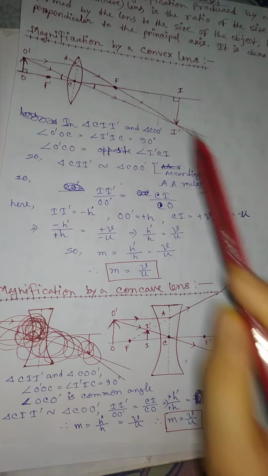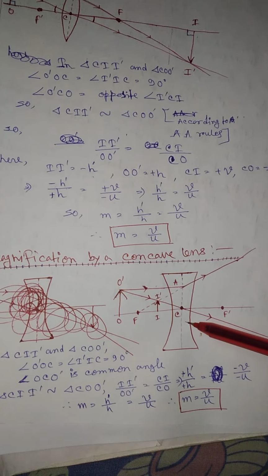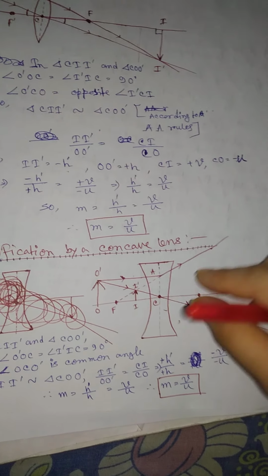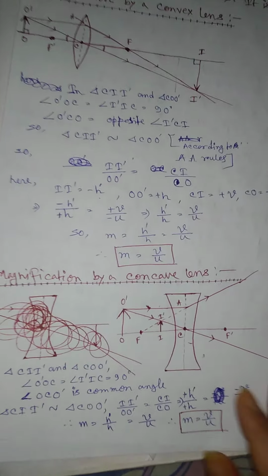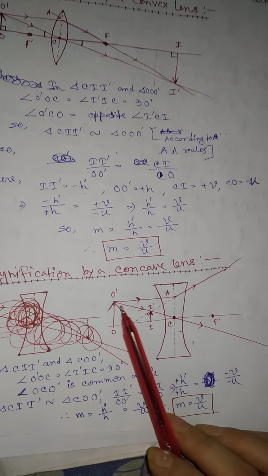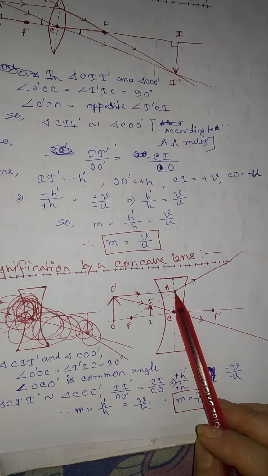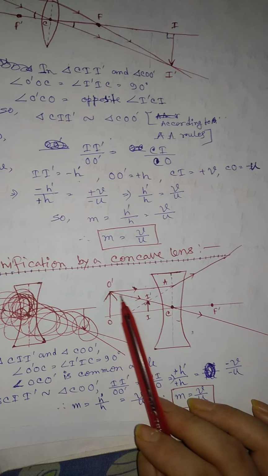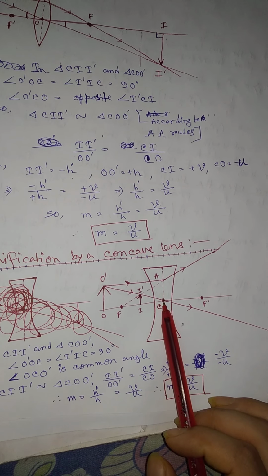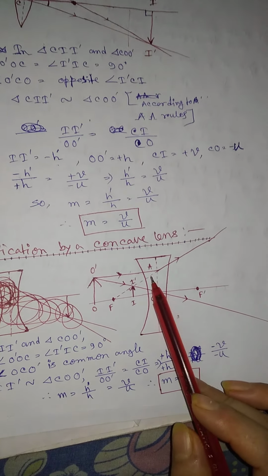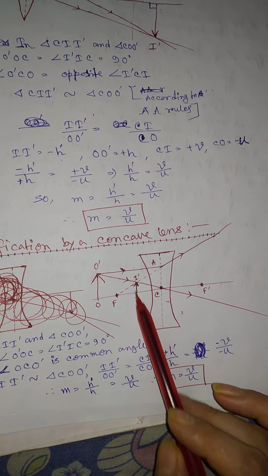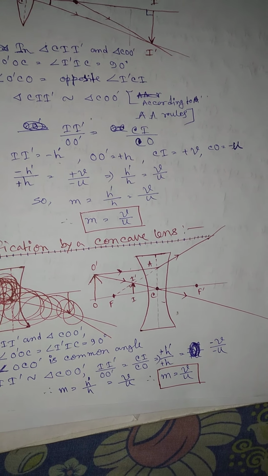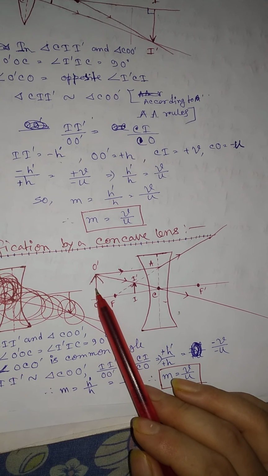After refraction the rays diverge. These refracted rays travel along this side, and this ray passing through the C point, that means the optical center, does not change its original path, and these two refracted rays meet along this side. So I dashed is the virtual erect image of OO dashed.